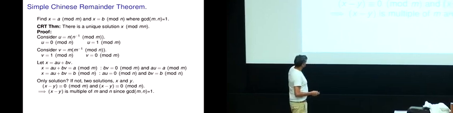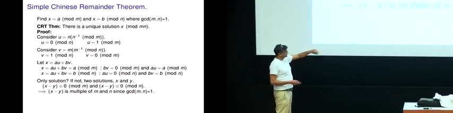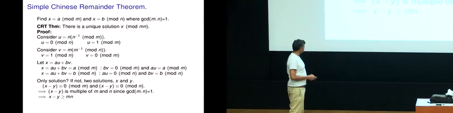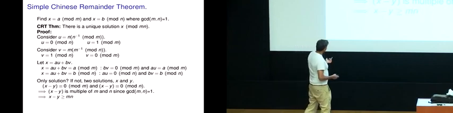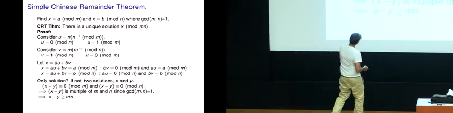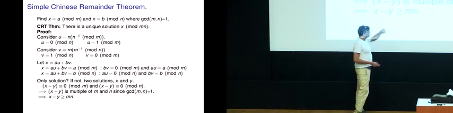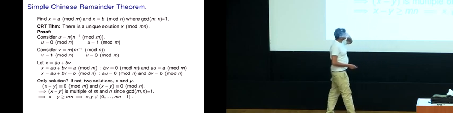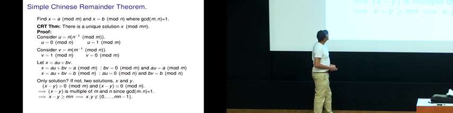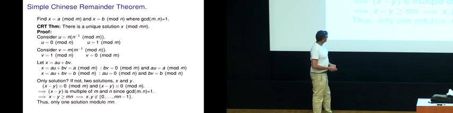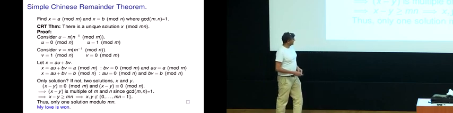But that means it's a multiple of m and n, since the GCD of m and n is equal to 1. That would mean if it's a multiple of m and n, and they're different, if they're not the same, x minus y has to be bigger than m times n, which means it's not in this range. Okay? It's not between 0 and mn minus 1. Okay, that's only one solution for this.